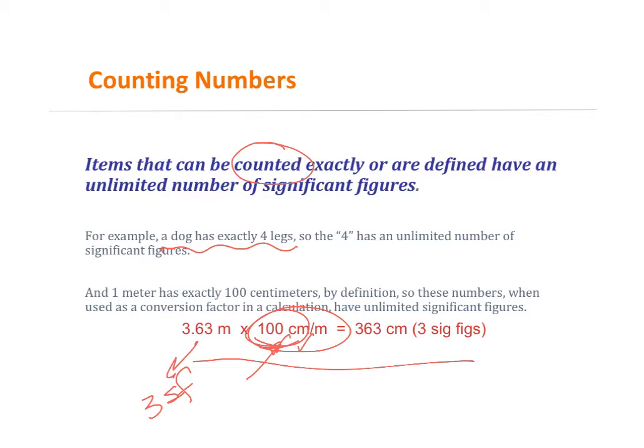You wouldn't say, oh, it's got 1 because there's no decimal. No, you just ignore it as far as the sig figs because it's an exact number. And so when you do the calculation, 3.63 times 100, 363 needs to have 3 sig figs, just like the value you started with.